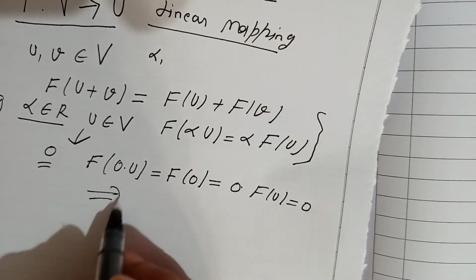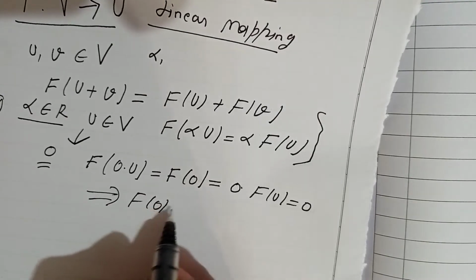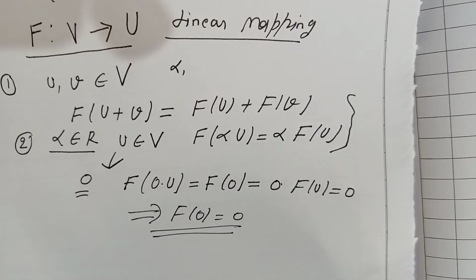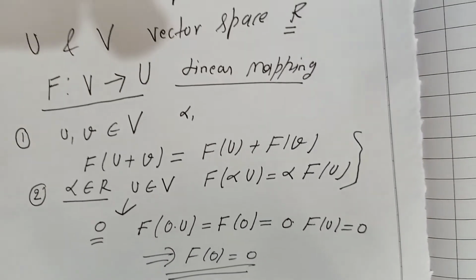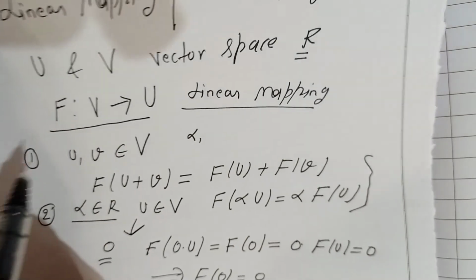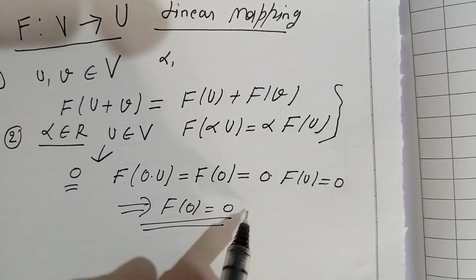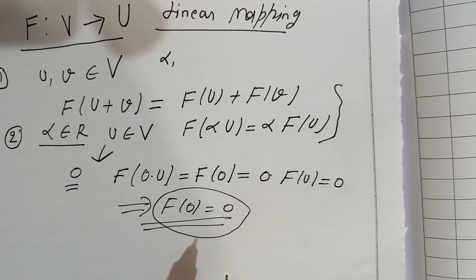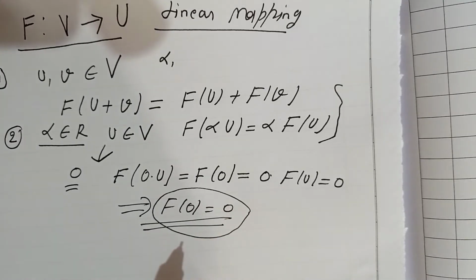Which implies f of 0 equals 0. It means in a linear transformation or linear mapping, the image of the 0 vector is always the 0 vector.